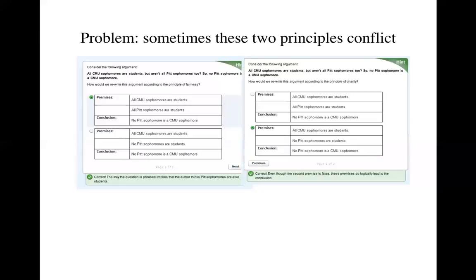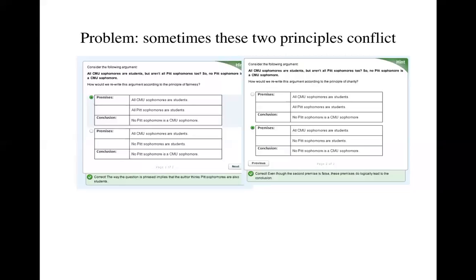Okay, then next we're asked to take that same argument and rewrite it according to the principle of charity. And so the answer, according to the text, is that we should rewrite it as all CMU sophomores are students.